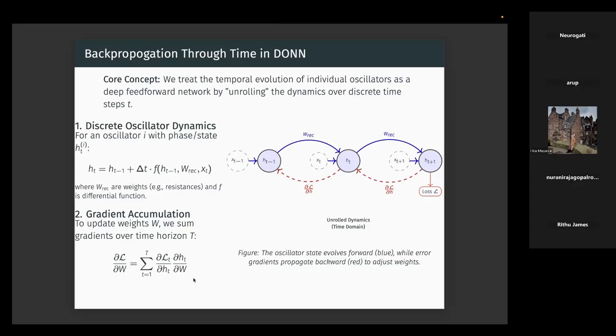But just to give an idea, as the information is flowing forwards by x t, x t plus 1, h t plus 1, similarly, the error also flows back in time, which is given by this equation, or in equation number 2, gradient accumulation. So finally, del L by del W is the gradient accumulation over all the time. So this is the idea of training such networks.